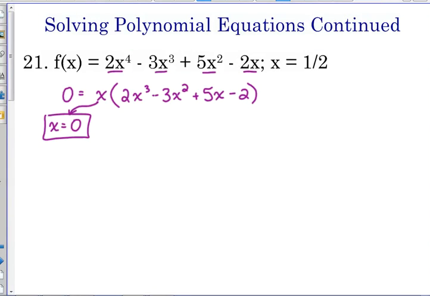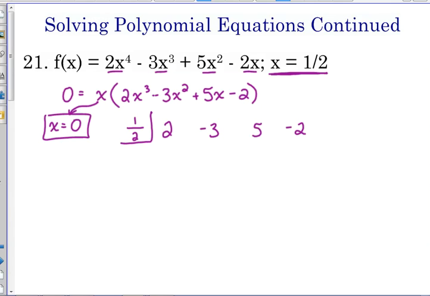How do we get those imaginary solutions? Well, we're going to use a little method. Since we know that 1/2 is one of our zeros, we are going to use something that you learned in Math 3, you may remember or may not, that says if something is a 0 of a polynomial, when you perform synthetic division, or long division, however you want to look at it, your remainder will be 0.